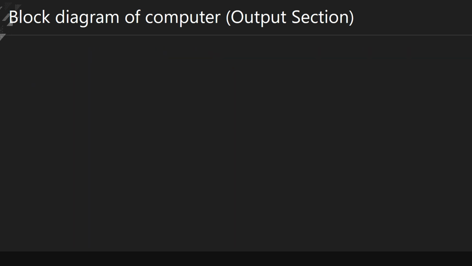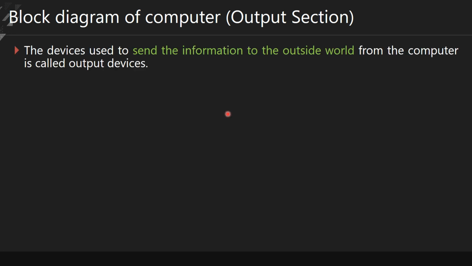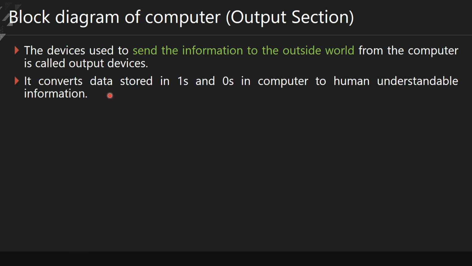Let us move to the other part of the computer, called the output section. As you saw in the previous slide, one part of the block diagram of the computer is the output section. A device used to send information from the computer to the outside world is called an output device.